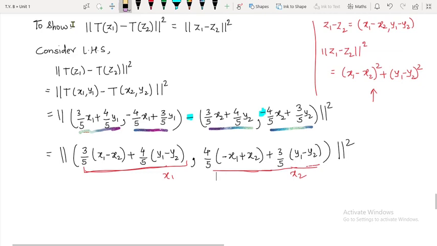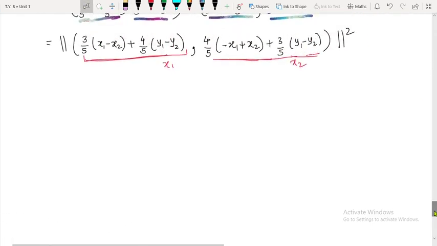Just I will take a little bit down. So you will have over here, this will be equal to, first of all I will write one more term.